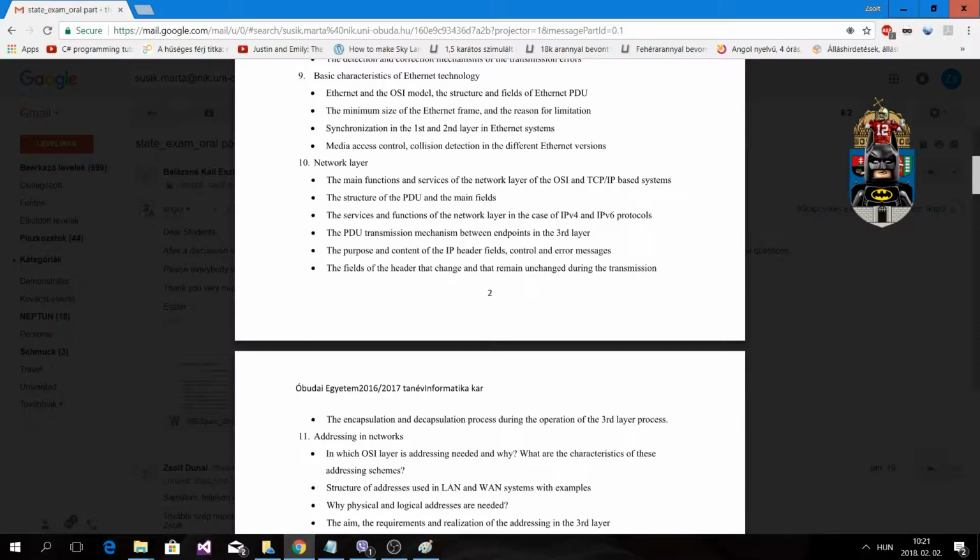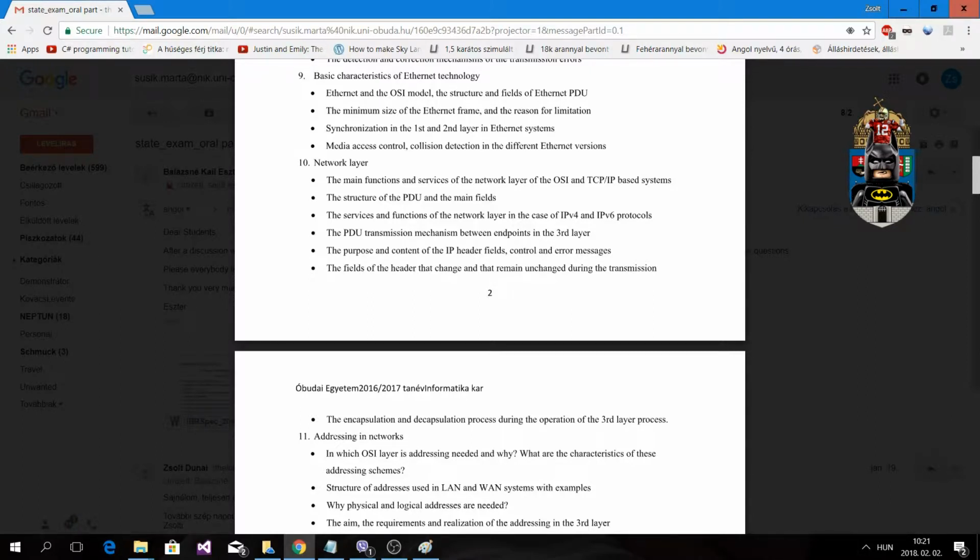So the services and functions of the network layer in case of IPv4 and IPv6 protocols, this is really long. So I'm going to tell the IPv4 here because there is a topic about IPv6, where I'm going to tell you all the things that you have to mention about IPv6. So the services are quite simple.